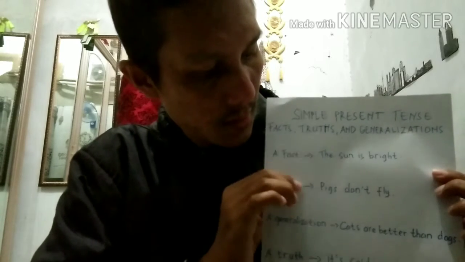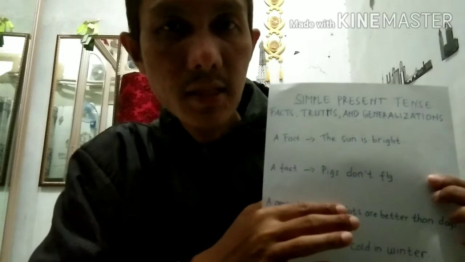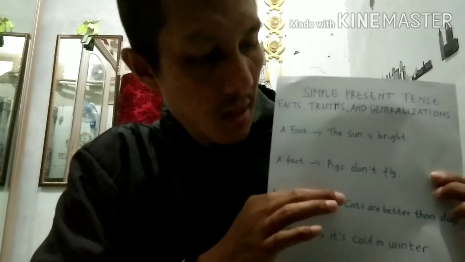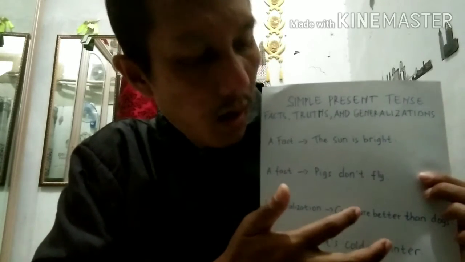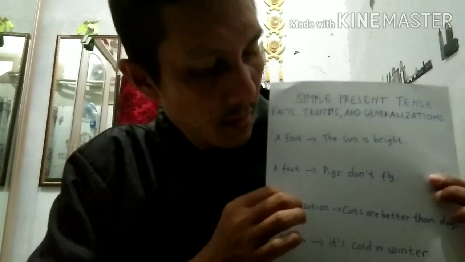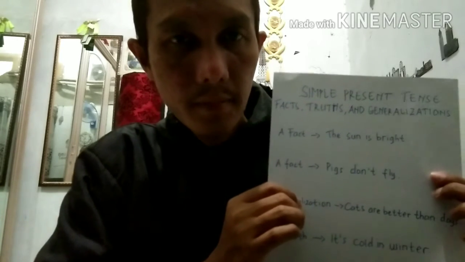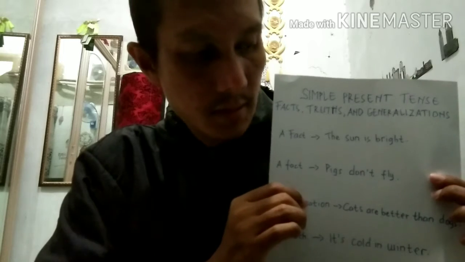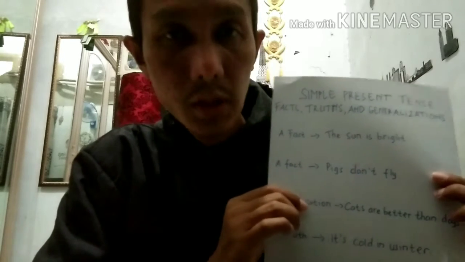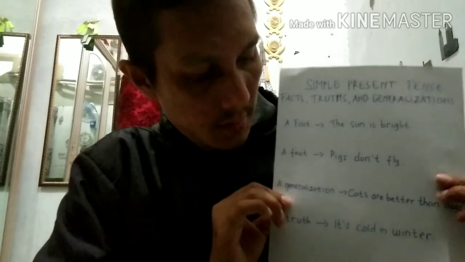I combine them to make don't. In the sentence, I use the verb are. Why are? Because cats is plural, of course.